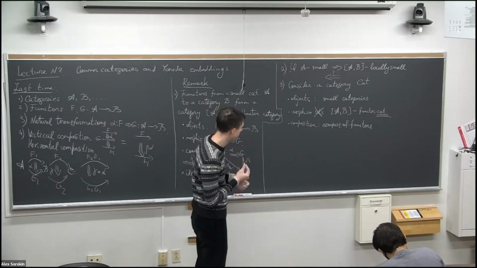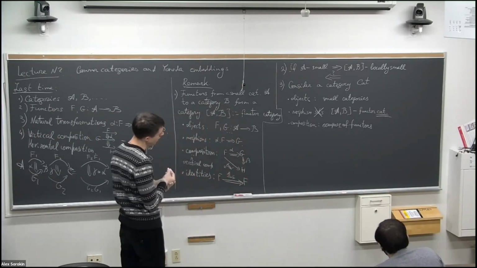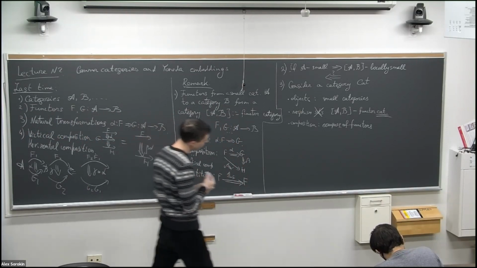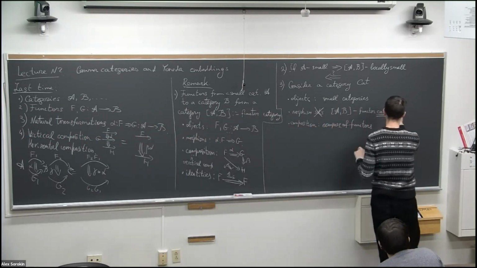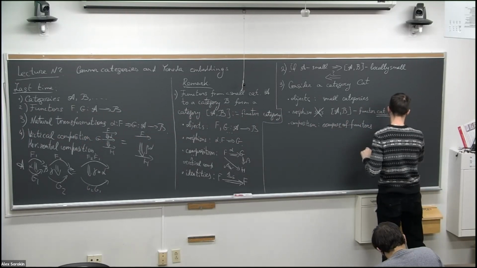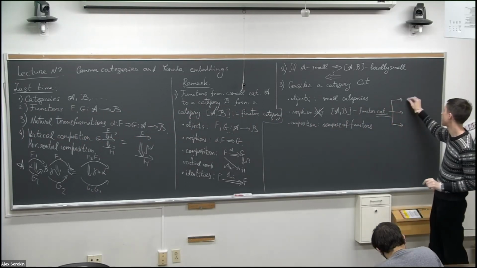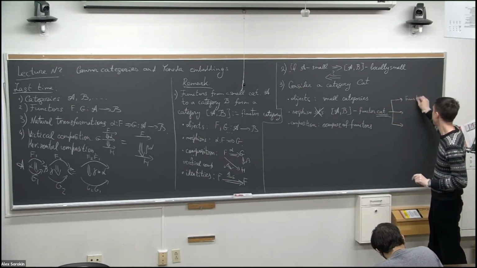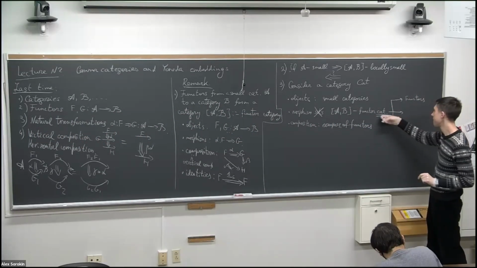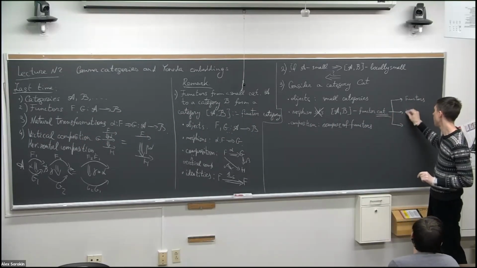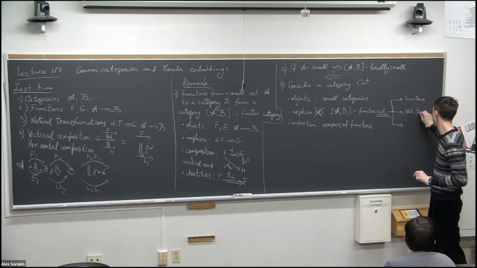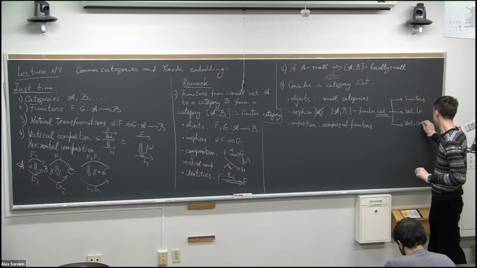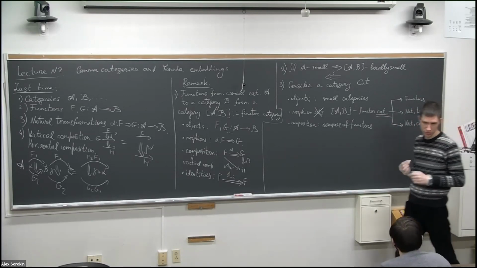Moreover, in the functor category, objects are functors, morphisms are natural transformations, and composition is a vertical composition.